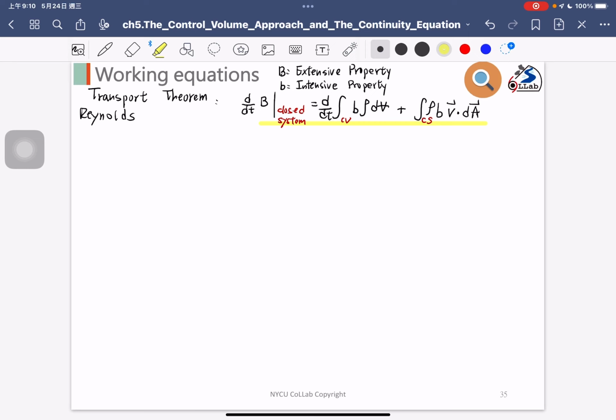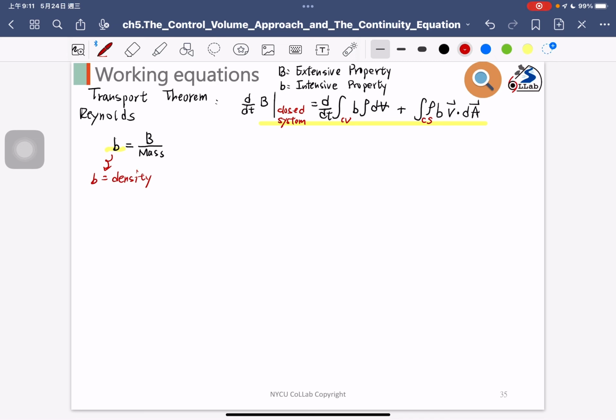As we know, the extensive property divided by the mass gives the intensive property. So what is an intensive property? For example, b can be the density.